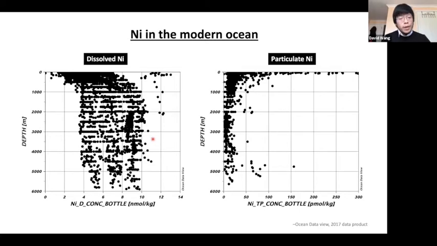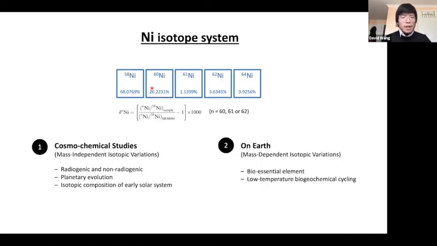There are several mechanisms that might cause the drop of nickel concentration at the surface, such as biological uptake, scavenging onto manganese oxide and iron oxyhydroxide, and it's also possible that some of the nickel is incorporated into sulfide in some sulfidic environments. However, to address these mechanisms, nickel concentration alone might not help us. So that's why the nickel isotope system comes in.